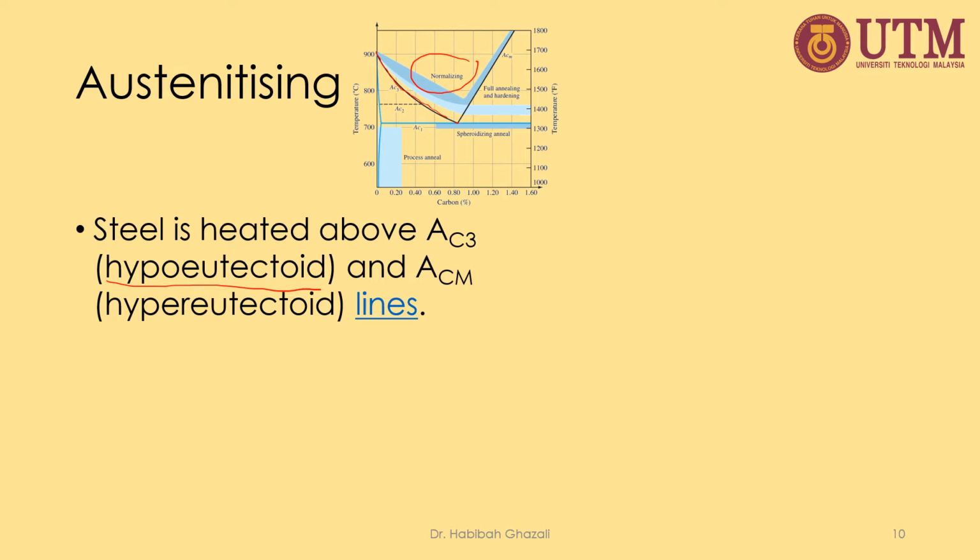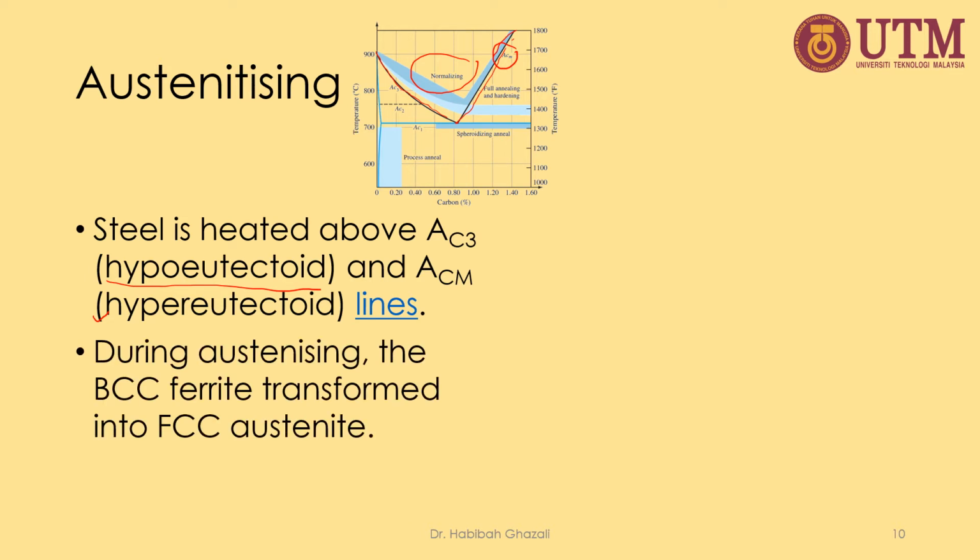So in order for us to transform everything back into austenite for hypereutectoid steel, we need to heat it up above this line here. So this line is what we denote as the ACM line. So during this process, the BCC ferrite will transform into FCC austenite.